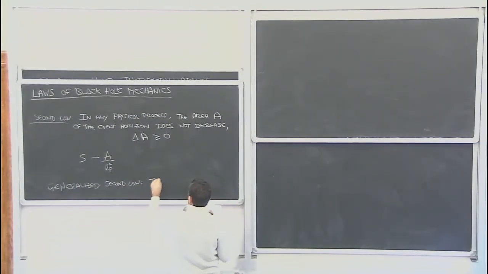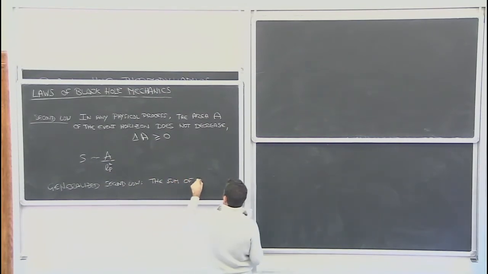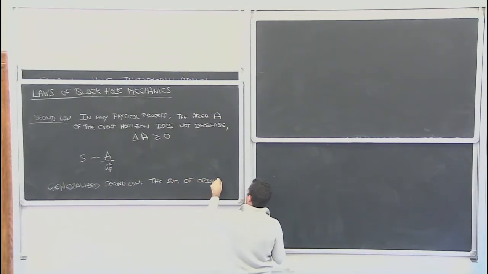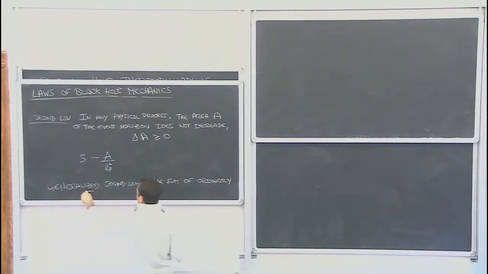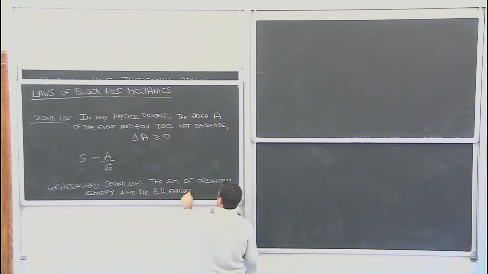Stating that the sum of ordinary entropy, by ordinary entropy I mean the entropy outside the black hole, and the black hole entropy does not decrease.